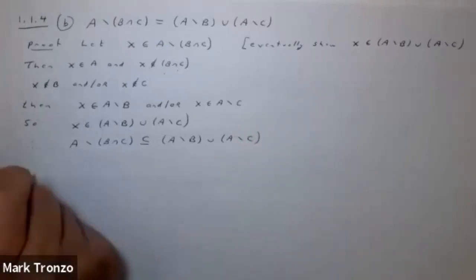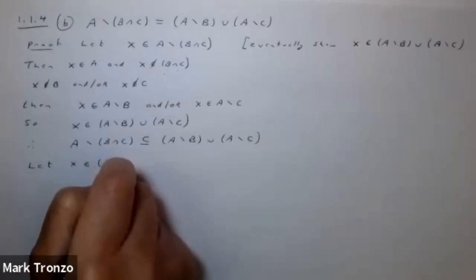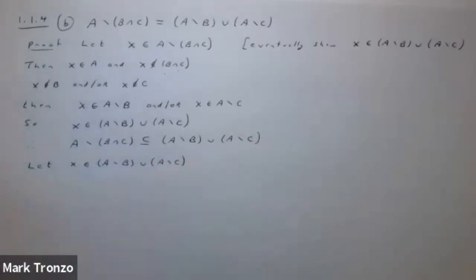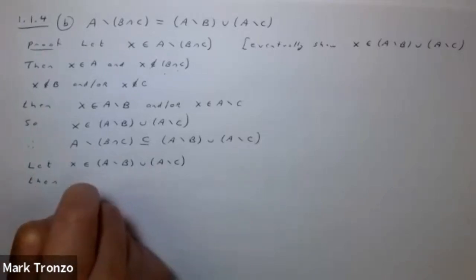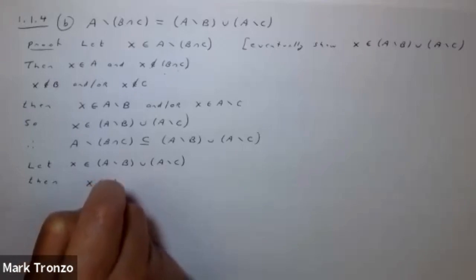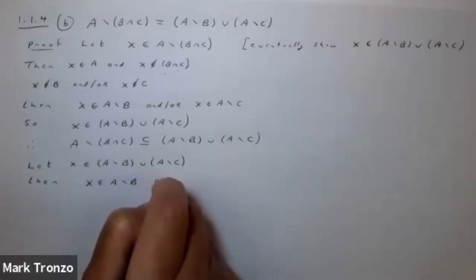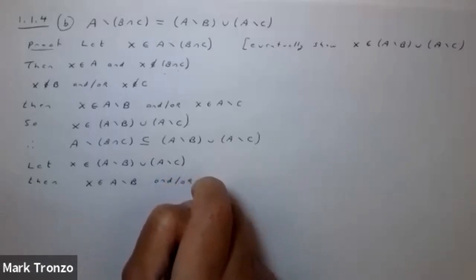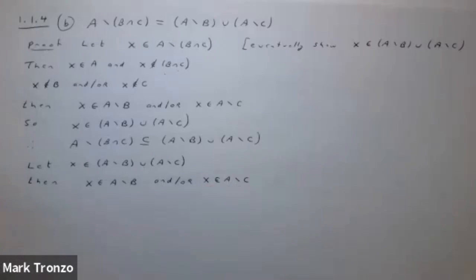So now do the other part. And if we let X be in the right-hand side, like this, then that means, let's see, X is in A complement B and or X is in A complement C, like that.